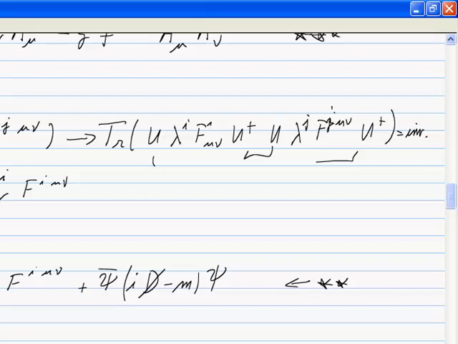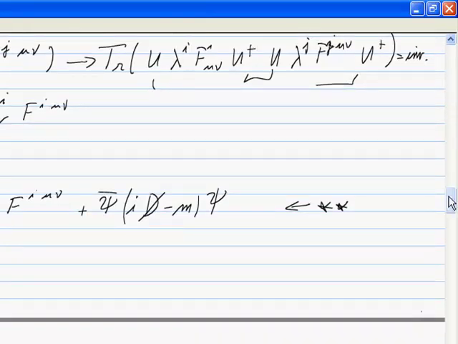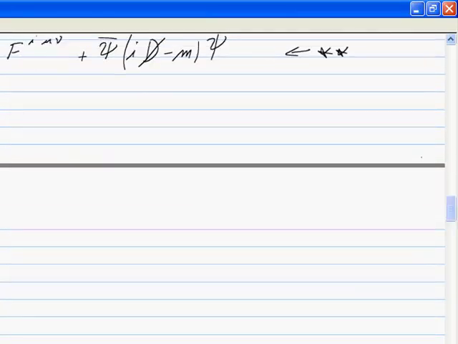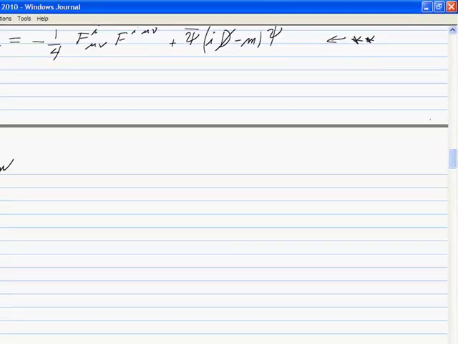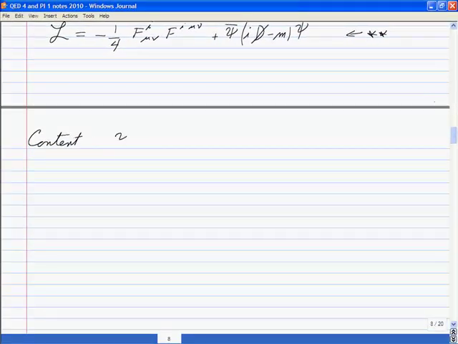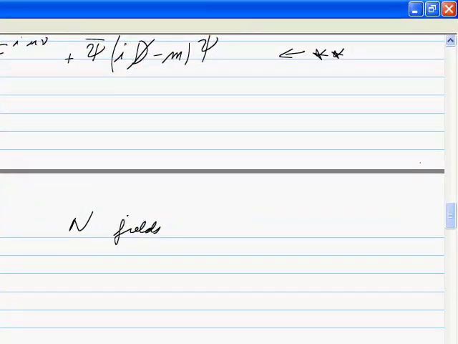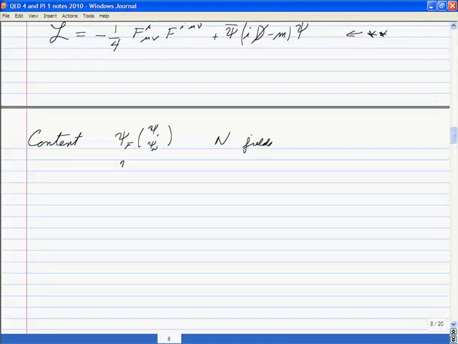Okay. The content of that, let's quickly do content. So we have psi is psi 1 up to psi n. So there's n fields. We have, with some label, A i mu with n squared minus 1 fields.